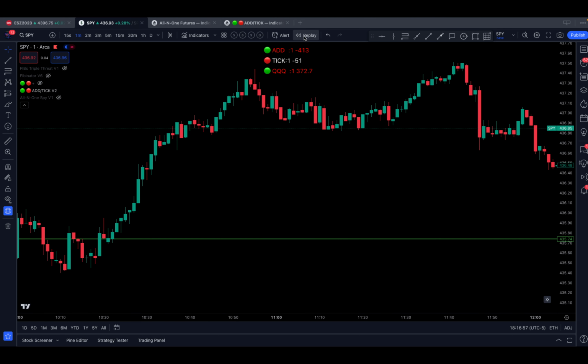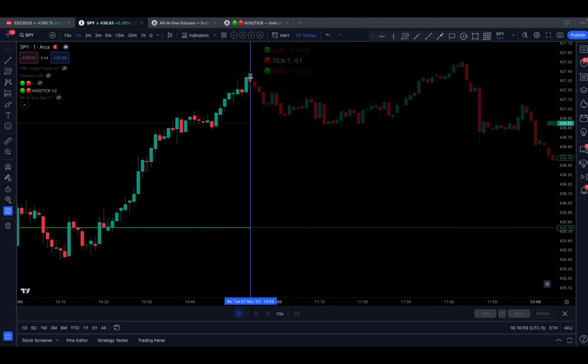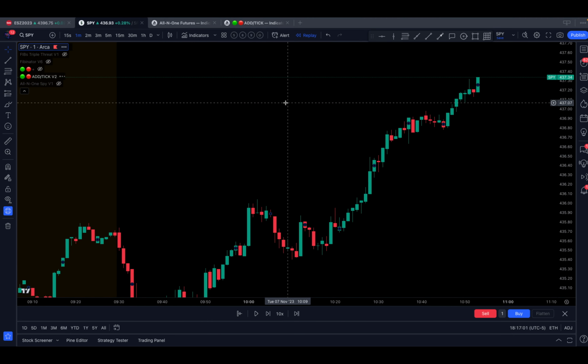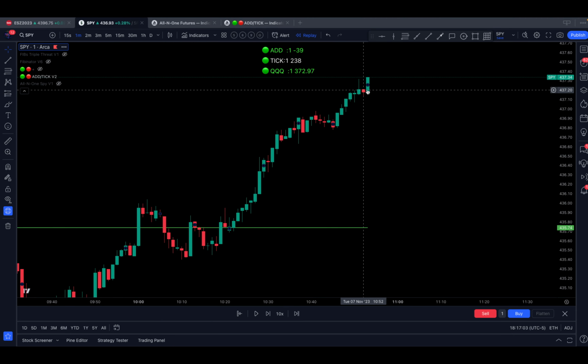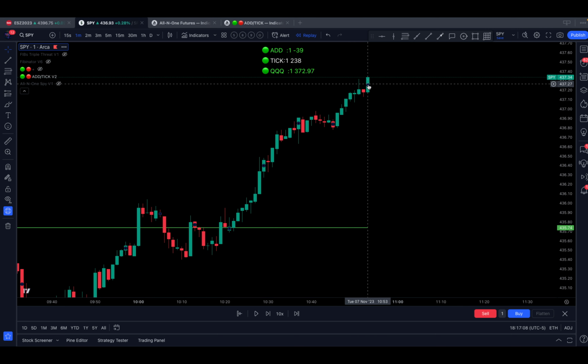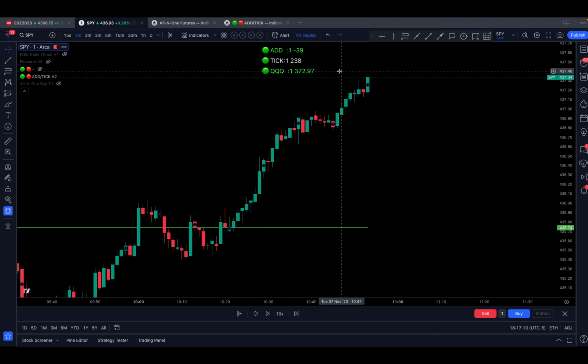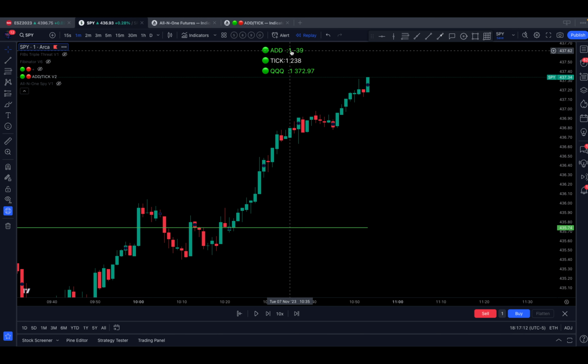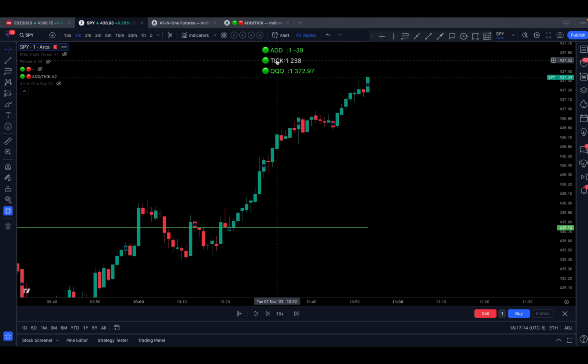Let's just find out. Go here, replay. Jordan should be green. So yeah, the Qs are green. The 9's above the 20 on the Qs. The 9's above the 20 on the ADD, which really doesn't matter on the ADD, but it's still included in there. So that's why these change colors.